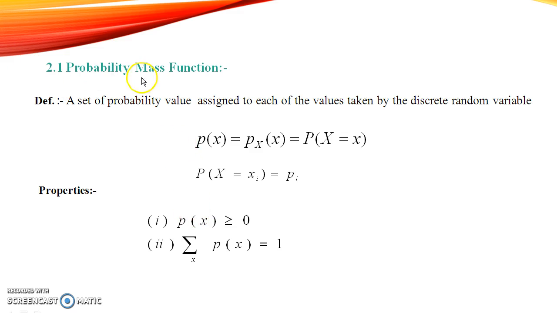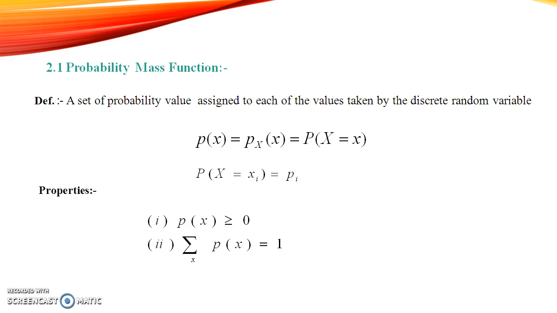Then the probability mass function. What does this mean? For each outcome of a random experiment, we are assigning a real number. By definition, it is a set of probability values assigned to each of the values taken by a discrete random variable.